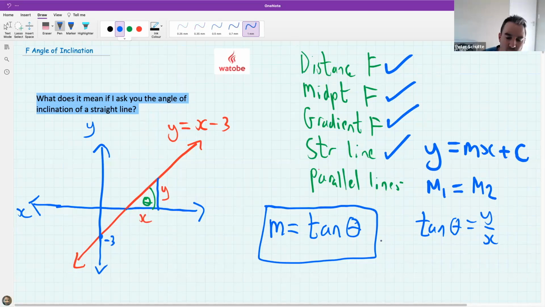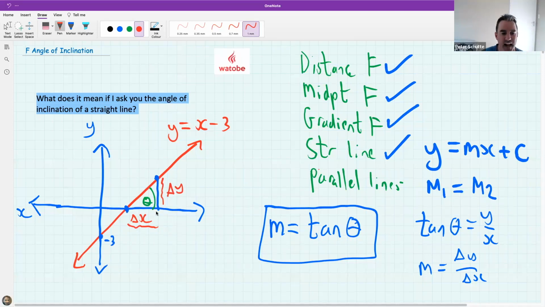The gradient formula is just change in y over change in x. So with two points, this bit is the change in x, and this bit is the change in y. And so tan of theta is just this over this, but that's also the gradient.